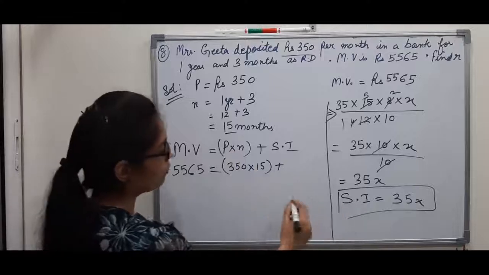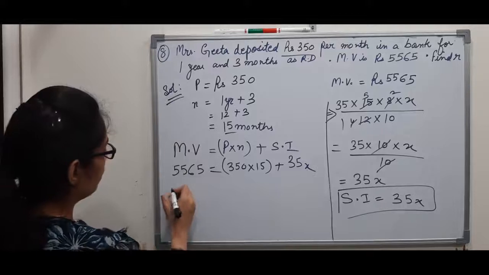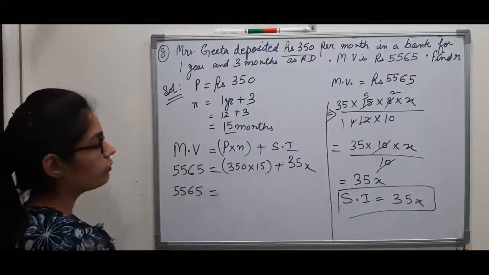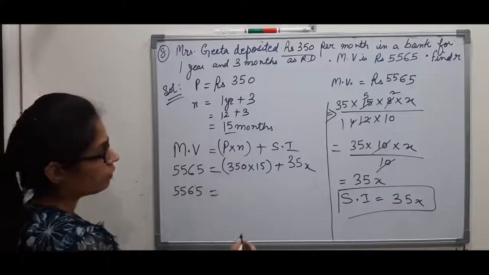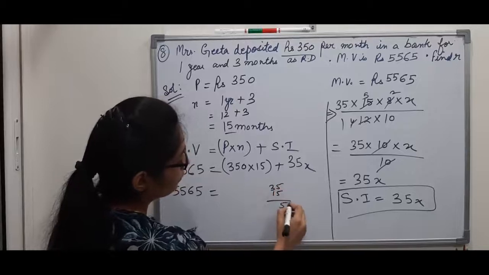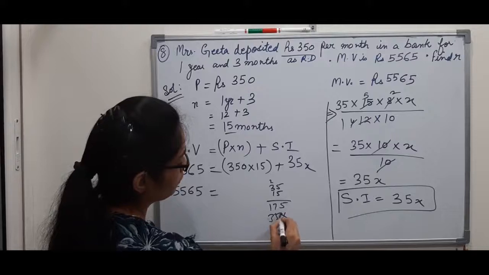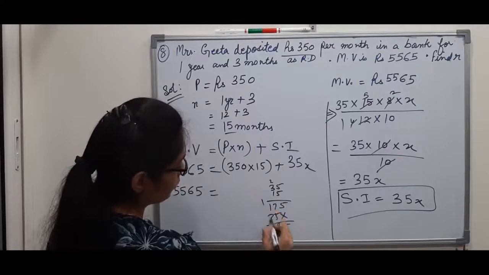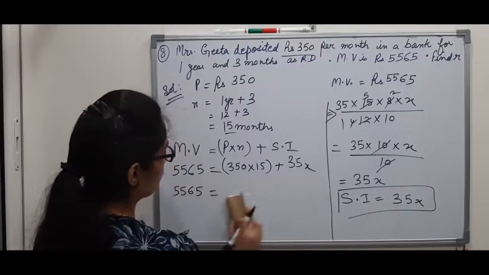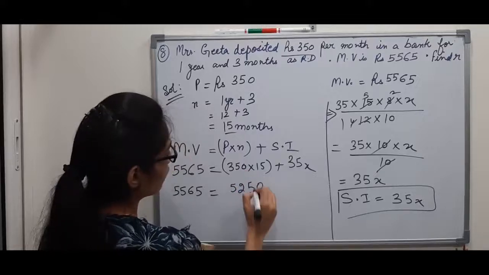Simple interest, just now we have calculated, is 35x. 5565, we will multiply 35 with 15. 0 we will write afterwards. So 35 with 15 we will multiply. Simple multiplication you guys can also do. So it will be 525, 0 I will write as it is.